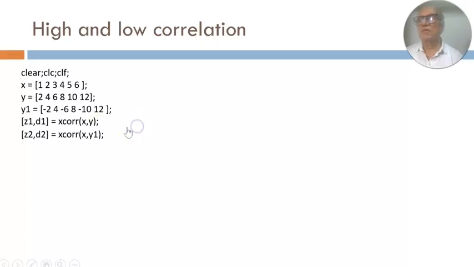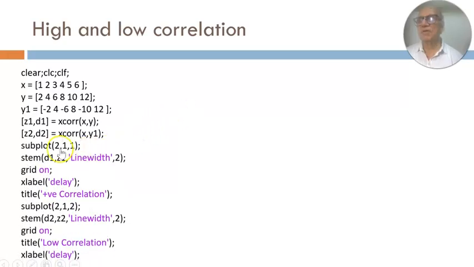Then calculate the other correlation, Z2, D2, xcorr of x is the same, but now the second sequence is different, that is y1. So you expect that Z2 is going to be small compared with Z1. So let us now plot these. Since you want to make two plots in order to compare them, use subplot 2, 1, 1, etc. All this we have discussed before. As far as the graphical plotting is concerned, you can just read through this and understand it.